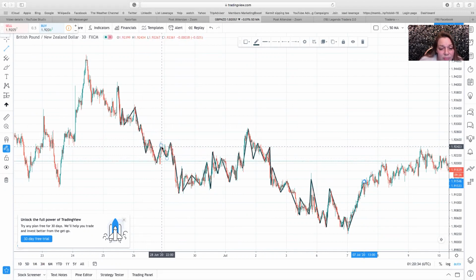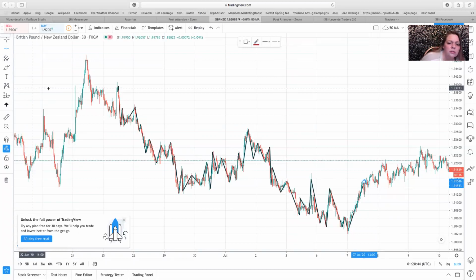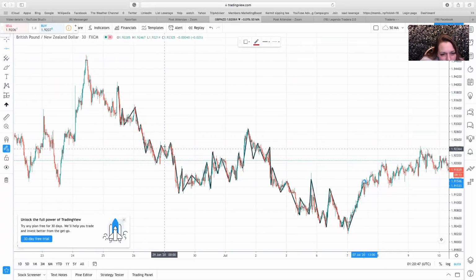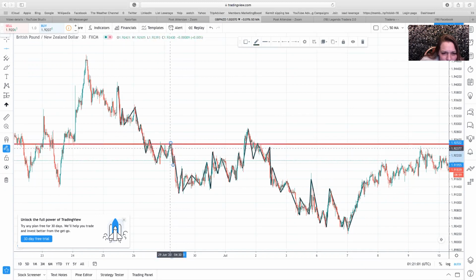Still a lower high, but what happens right here? This level right here. Okay, it made a higher high than the previous.